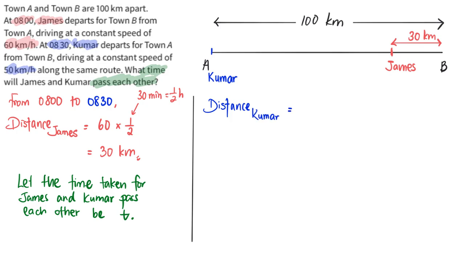which is equal to speed times time. So the speed of Kumar is 50 and the time taken is our letter T hours, and therefore this one will be equal to 50T.